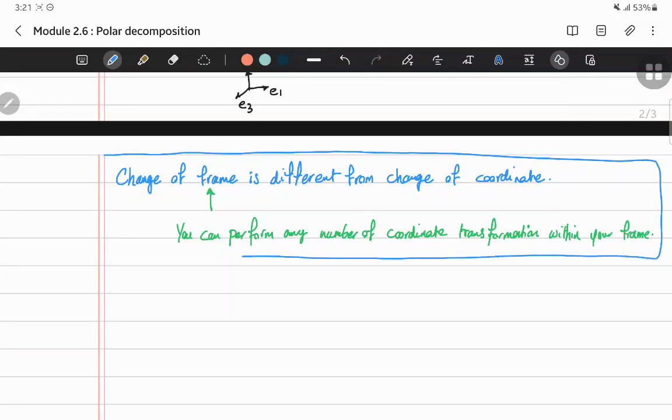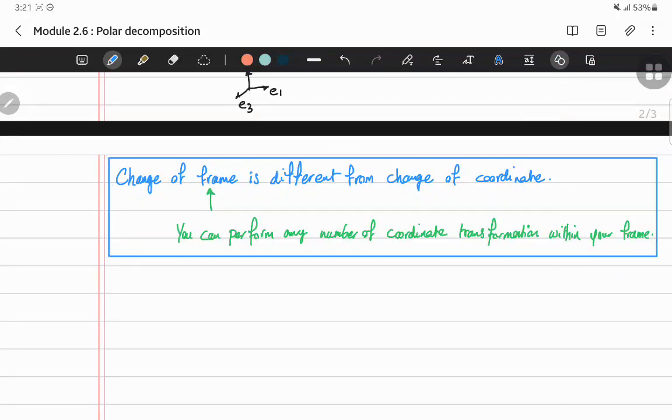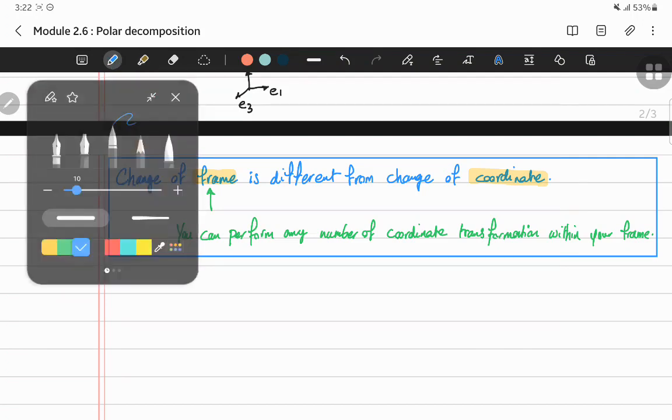Therefore, we drew a line between frame and coordinate.